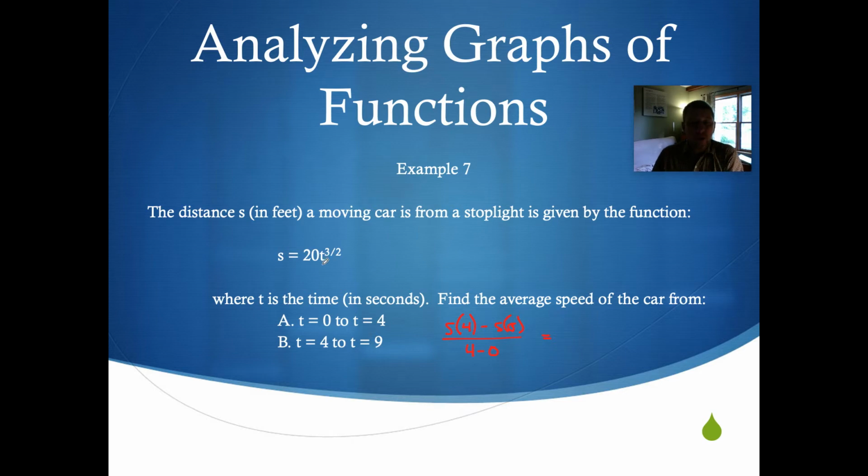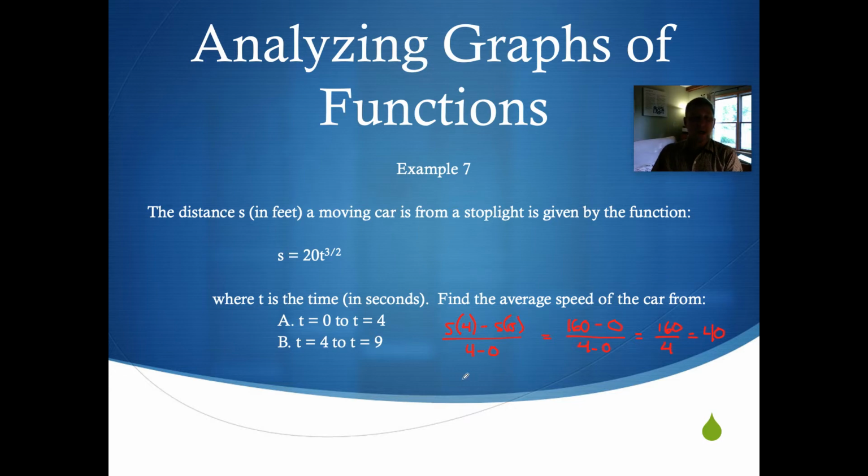Well, 4 cubed is 64, square root of that is 8. 8 times 20 is 160, minus 0 to the 3/2 power is 0, and 20 times 0 is 0, divided by 4 minus 0, and that leaves me with a value of 160 over 4, which of course is equal to 40. So the average rate of change from time equals 0 to time equals 4 seconds is 40 feet per second.